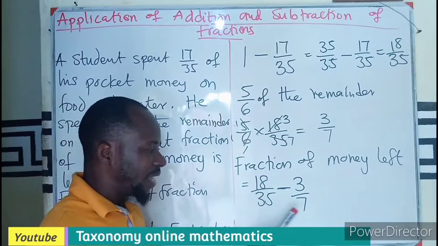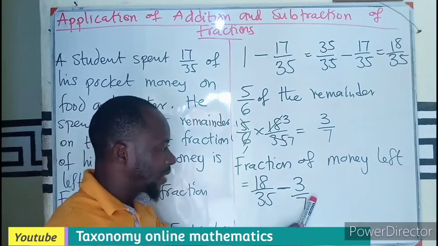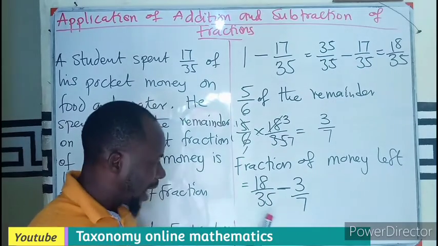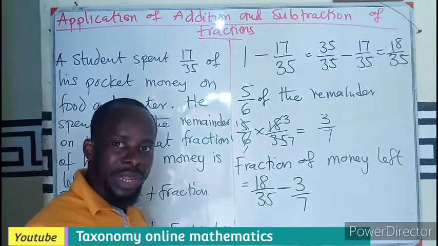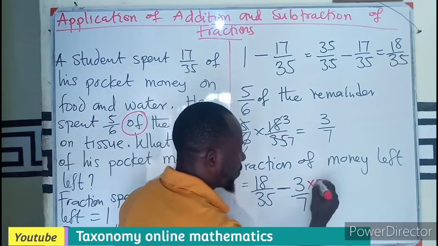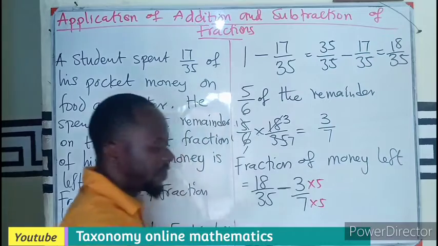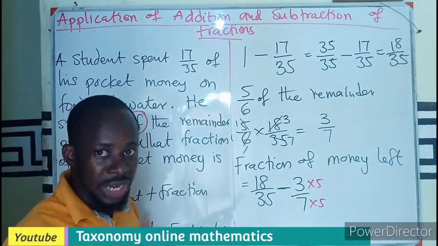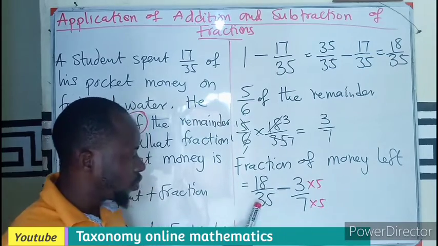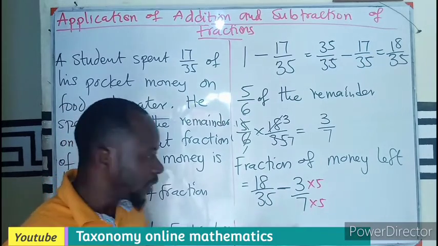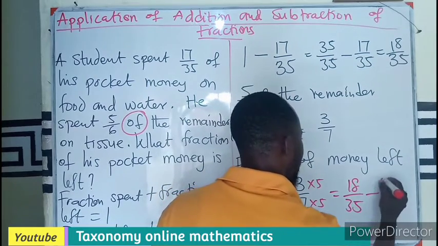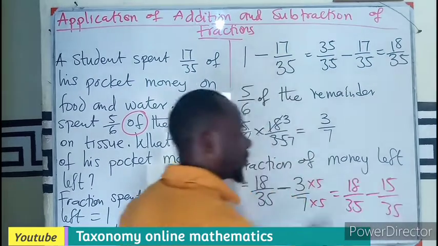I know 7 is a factor of 35. So I can multiply the numerator and denominator by a certain number that will make my denominator become 35. Meaning if I multiply here by 5, 5 divided by 5 will be 1, so I have not changed the fraction. This will become 35. This will become 15. So now I have the same denominator. So that becomes 18 over 35 and 15 over 35.